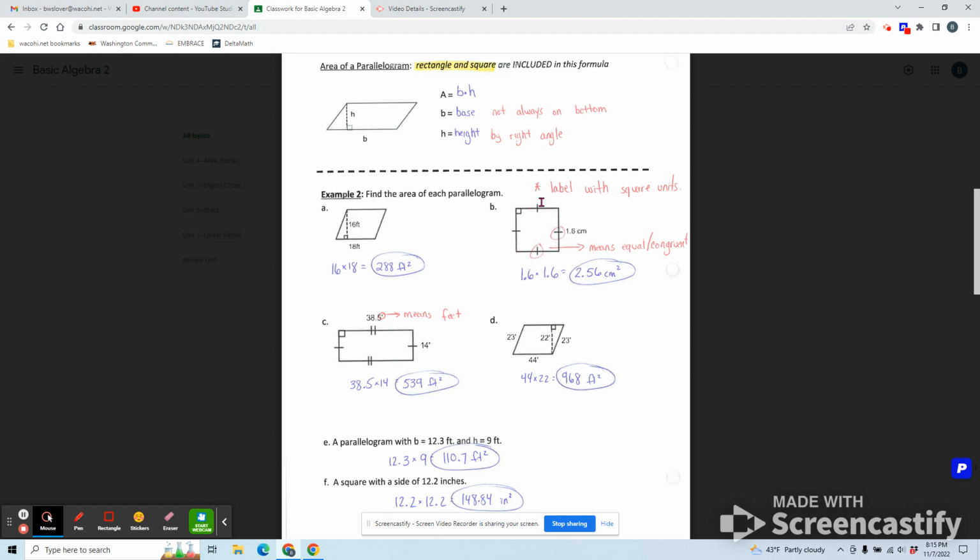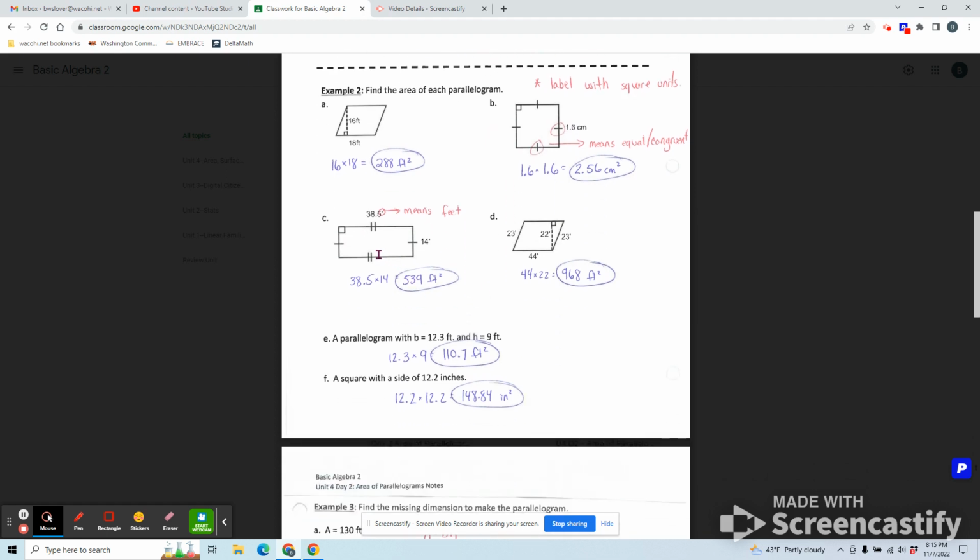It doesn't matter. To find the area, though, we still do base times height. So 1.6 times 1.6. Over here, we have base times height, 38.5 times 14. This symbol here that I circled, the apostrophe, means feet.